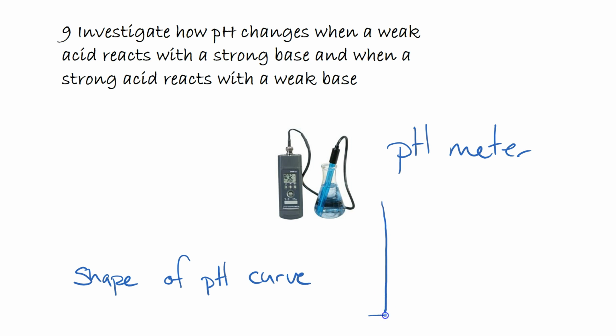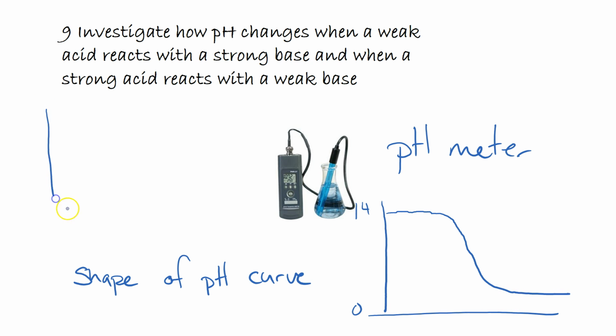There are a couple of things just quickly reminding ourselves. If we've got a pH curve here with pH indicated on the y-axis with volume of substance added on the x, we're starting at a high pH going to a low pH, remembering here that you've got a strong alkali to start with and you're adding a strong acid.